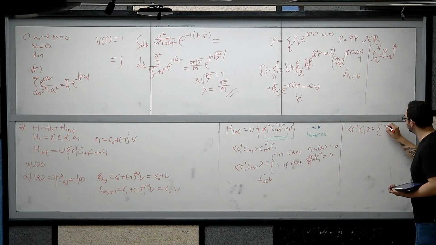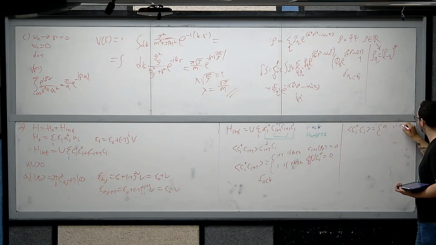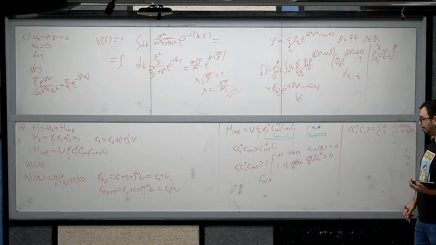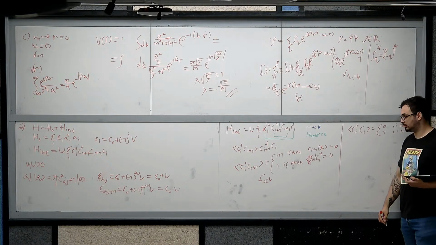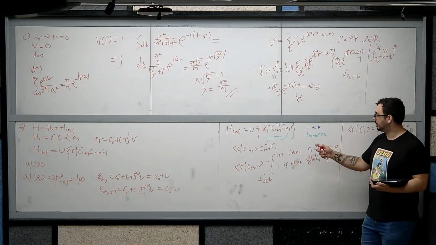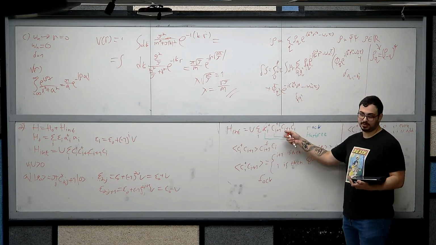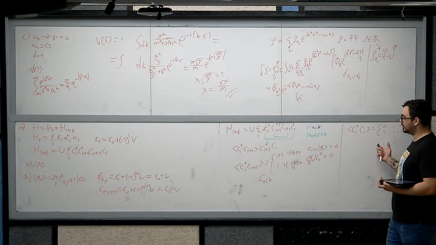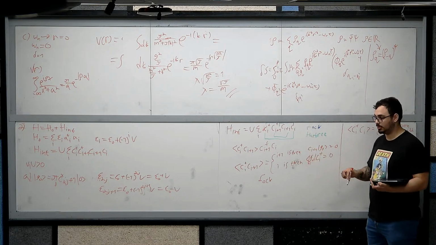So it equals 0 if I is even, 1 if I is odd. And of course we also have the I plus 1 term, which will be exactly the same, so it will just give us the 2 before that.